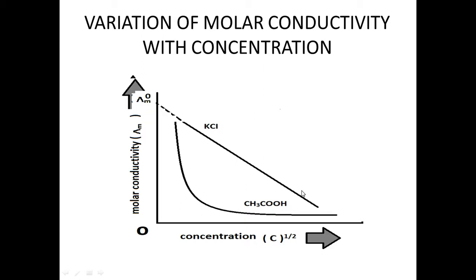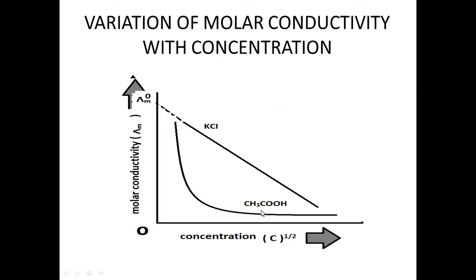Okay. So we can directly obtain this limiting molar conductivity for a strong electrolyte by using the Debye-Hückel-Onsager equation. But for the weak electrolyte, we are unable to obtain this limiting molar conductivity because this line never intersects the y-axis.